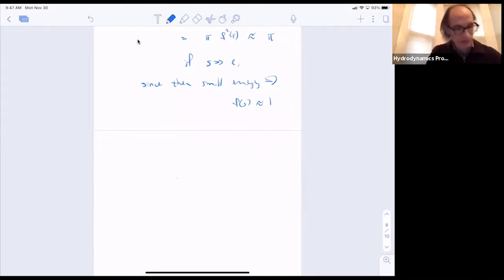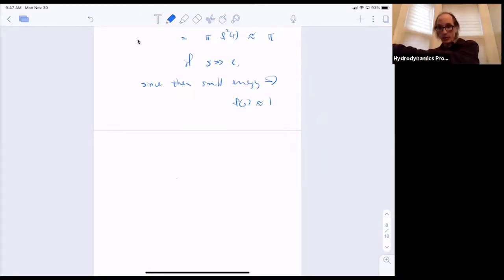The point is that this vorticity is a Jacobian. It's a change of variables factor, so it tells us how areas change. So the integral over the small ball around the origin is going to be the area of the image of that small ball, which is basically the whole unit disk. That's why the integral will be pi. And the region outside gets mapped into the unit circle, a set with a very small area, and so that too will have very small integral. Okay, so that's a crude calculation.